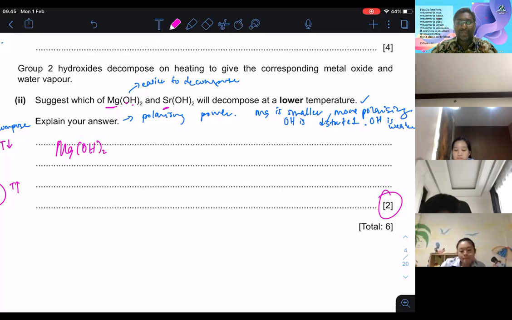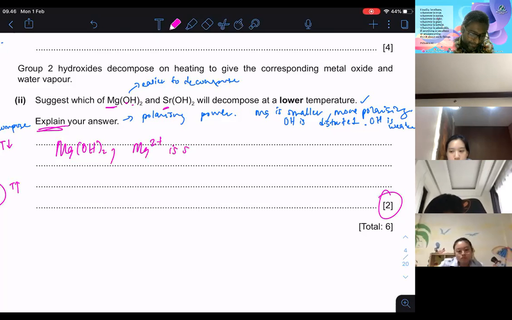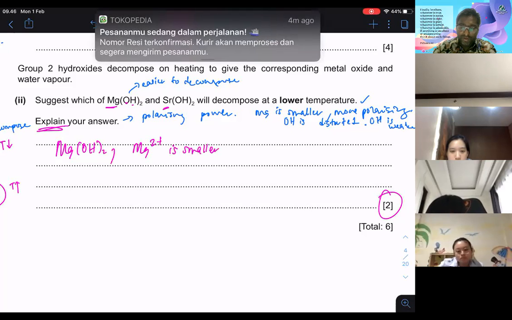What else do you need to put? Very important: when they say explain, you explain in detail. I cannot simply say it has more polarizing power. Magnesium 2 plus is smaller.